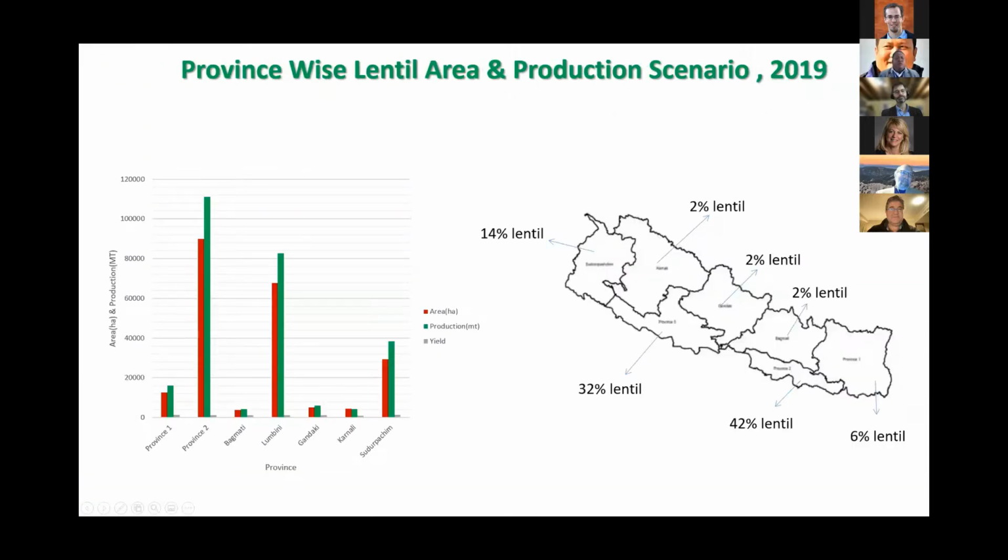If you look at the province-wise lentil area and production, Province 2, Lumbini Province, and Sudurpashchim Province are the major areas.